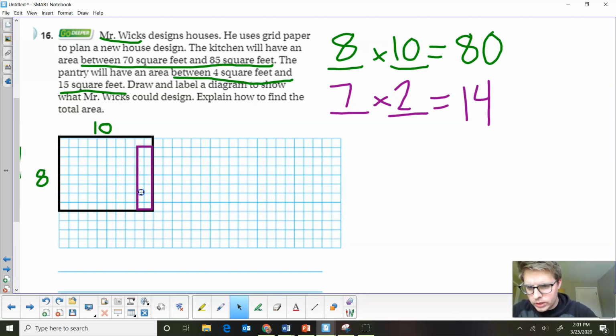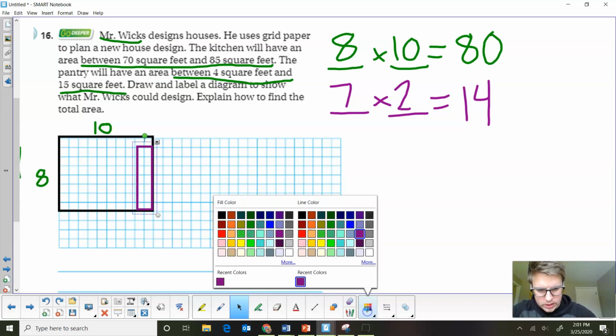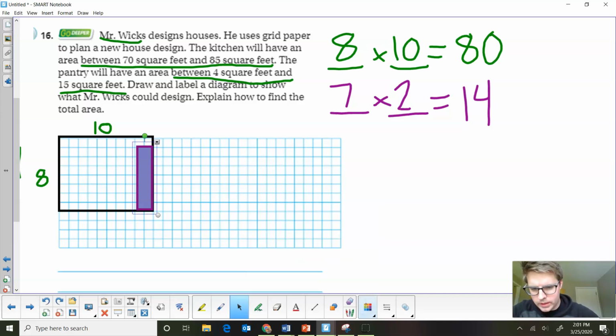It's going to be awesome. And I'm going to just shade in this pantry. I'm going to make it light purple on the inside. All right, so I need to label my pantry. It is a 2 by 7 pantry, and I'm going to just call it pantry.